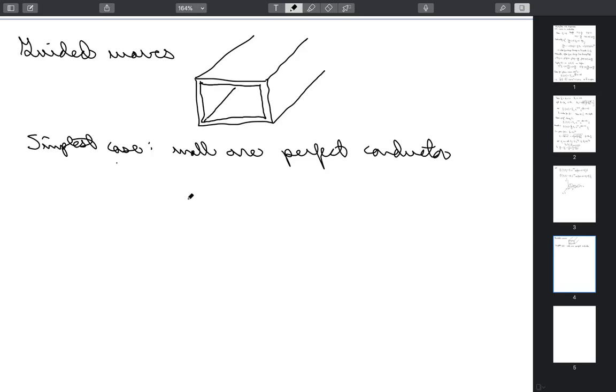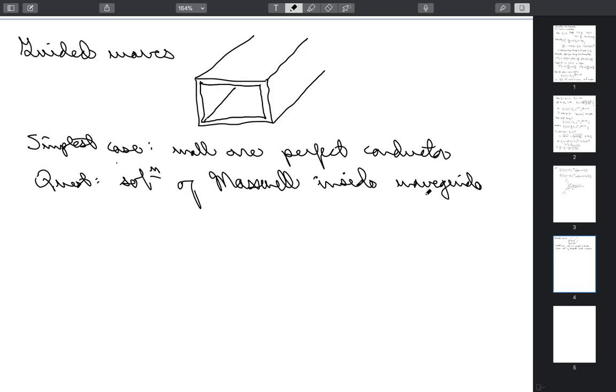Well, the strategy is going to be quite simple. We're just going to solve Maxwell's equations inside the waveguide. Okay. So what we're after here is really a solution of Maxwell's equations inside the waveguide.